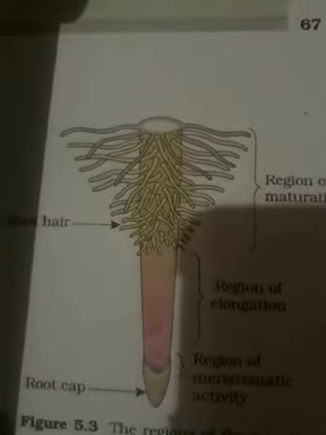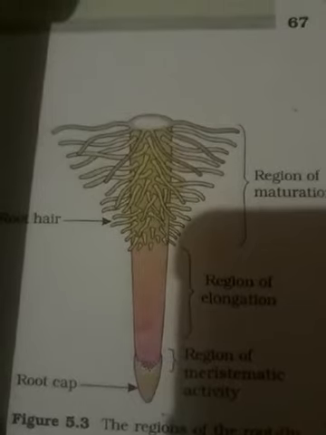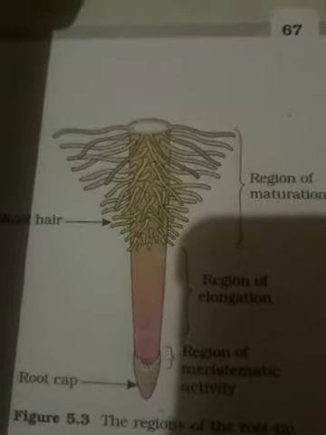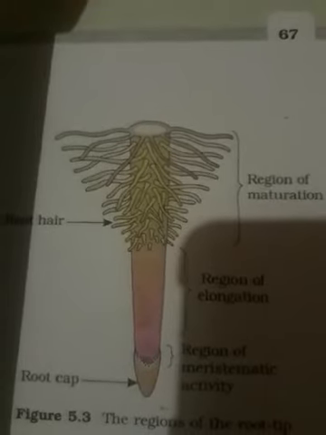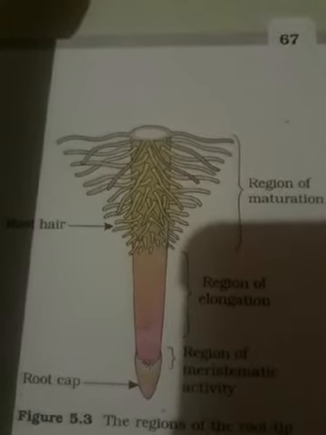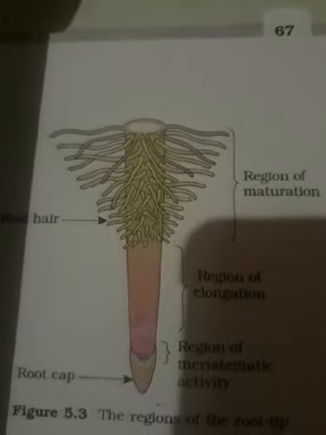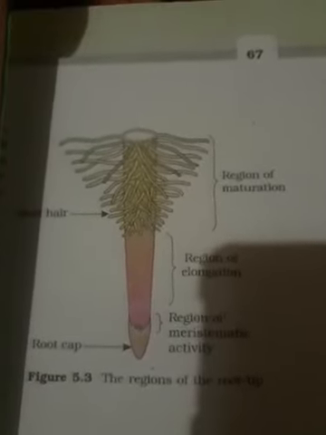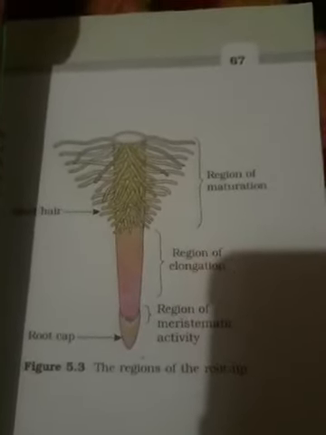The cells of this region do not undergo any further change. The outermost layer of this region has thick-walled or impermeable cells, so this region cannot help the root in water absorption.